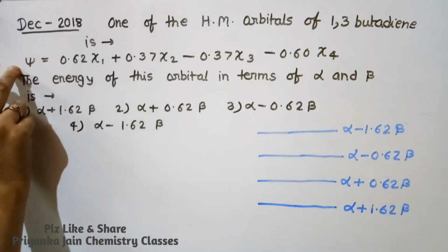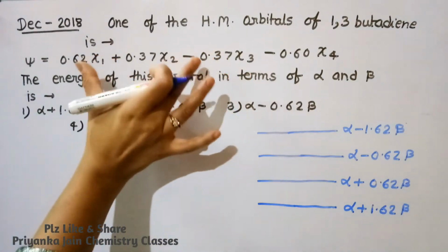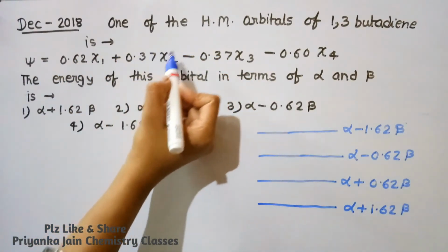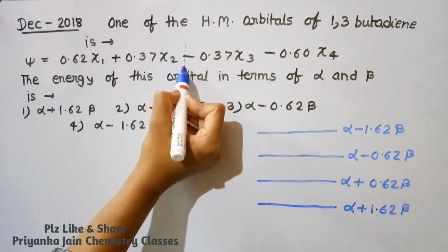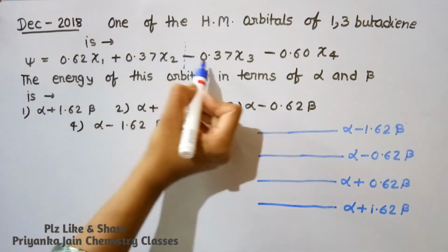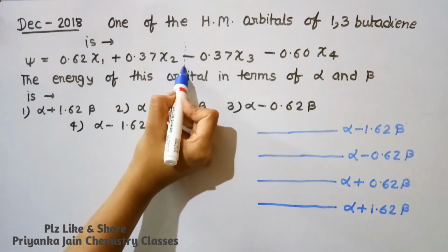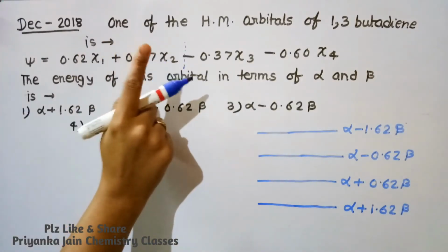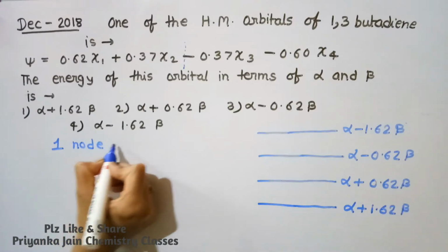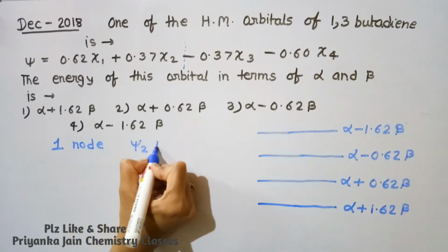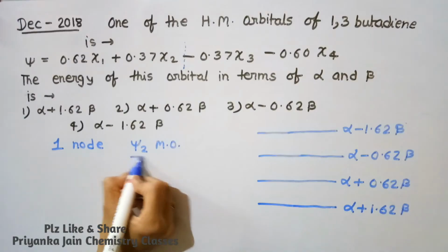And now we have been given this wave function. If you see this wave function carefully, we can see here there is one node at this point, okay, because the wave function is changing sign here. These are plus terms and these are minus terms, so the wave function is changing sign one time. So it means this will have one node, right? One node means psi2 molecular orbital, right?